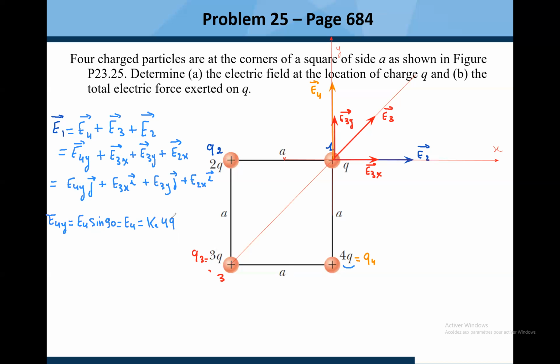Anyway, it's a positive value. Divided by the distance squared. The distance equals a, so a squared.